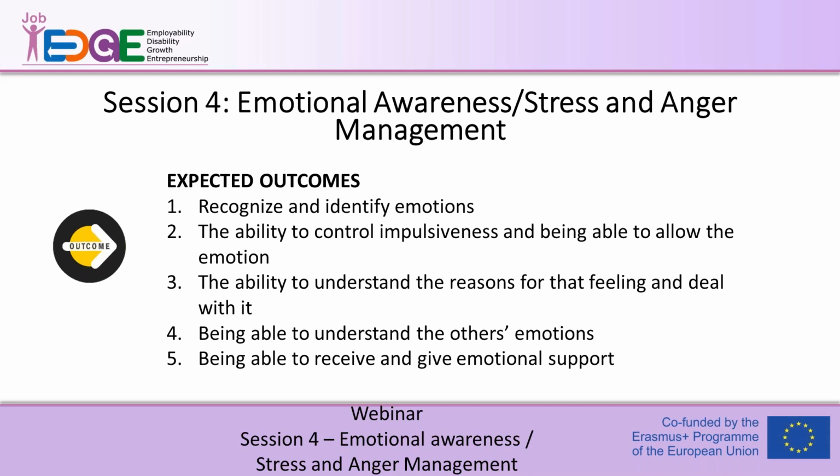The third one is the ability to understand the reasons for that feeling and deal with it. The fourth is being able to understand the other's emotions. Finally, the fifth outcome is being able to receive and give emotional support.